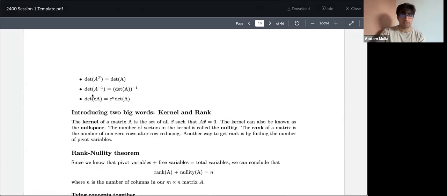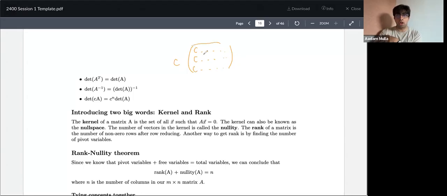If you have a matrix A and you multiply the whole matrix by some constant C, then you're multiplying by C on this row, this row, and this row, or in every column, however you want to think about it.